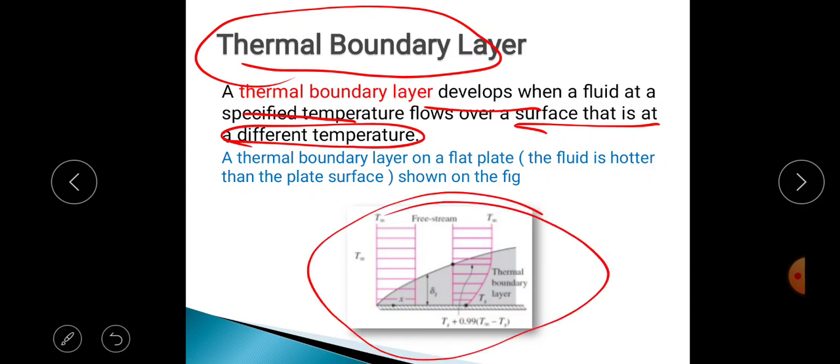Here you can see in this diagram a thermal boundary layer on a flat plate, and here the fluid is hotter than the plate surface, of course.